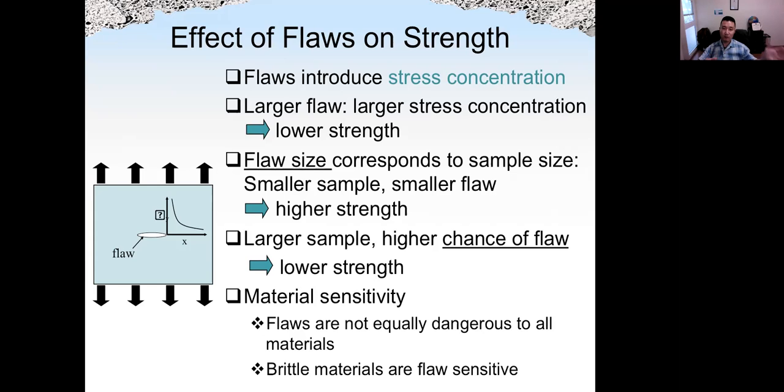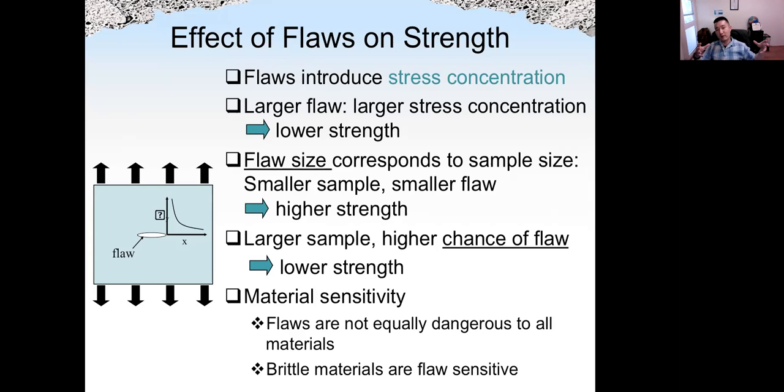And the size of the flaw corresponds to the size of the sample. So smaller sample, smaller flaw, lower stress concentration, higher strength. Larger sample, higher stress concentration, lower strength.